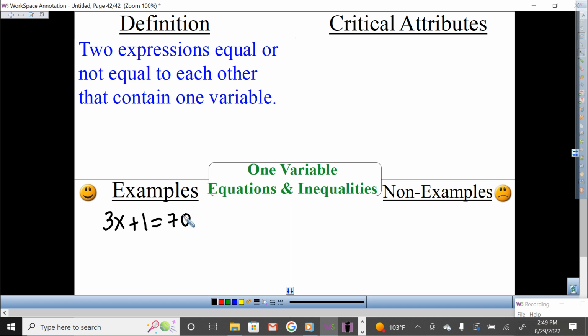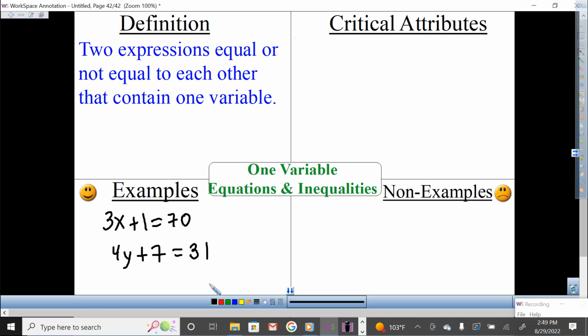Hands if you agree that that's a one variable equation. Yes, pretty good. All right. One more, Diego. How about you? Okay. Yeah, not bad, not bad.